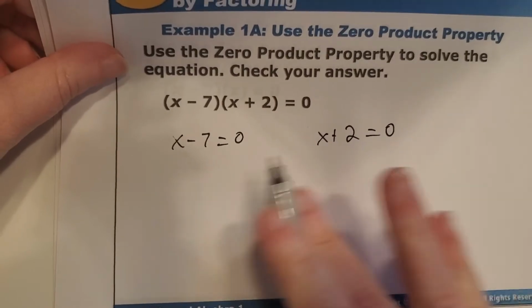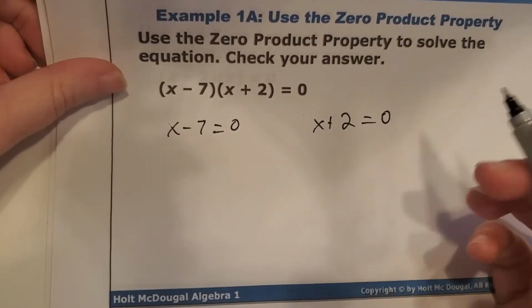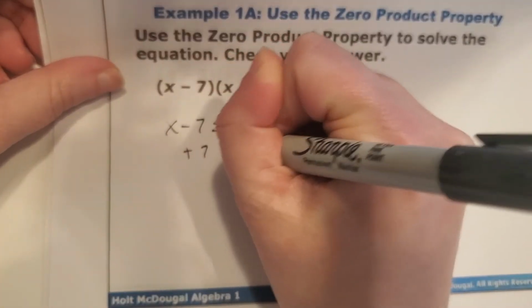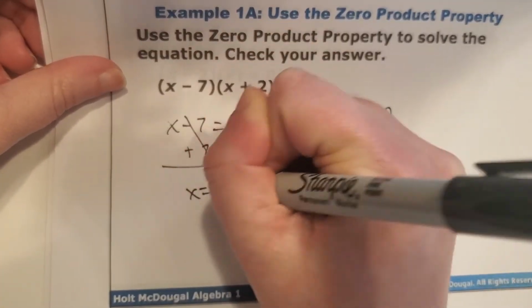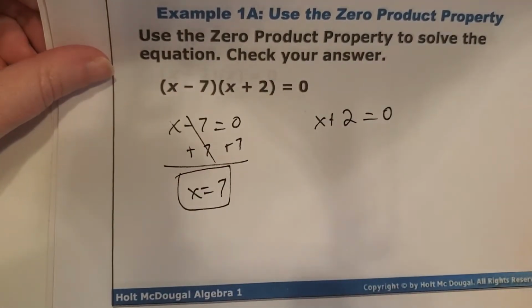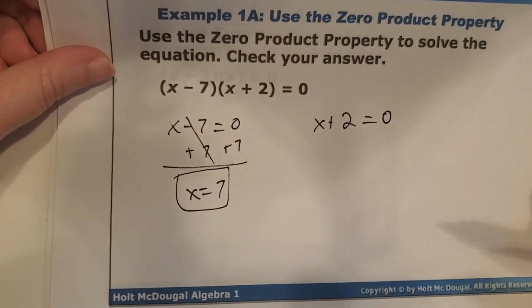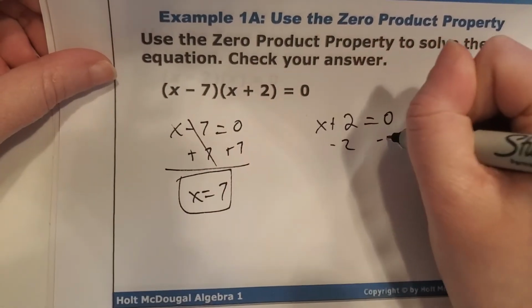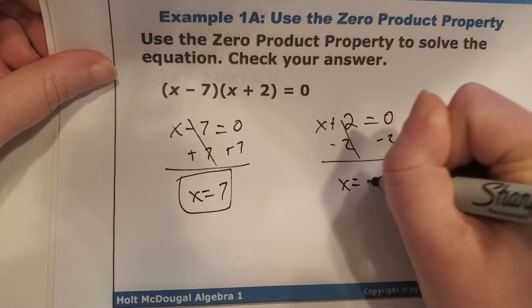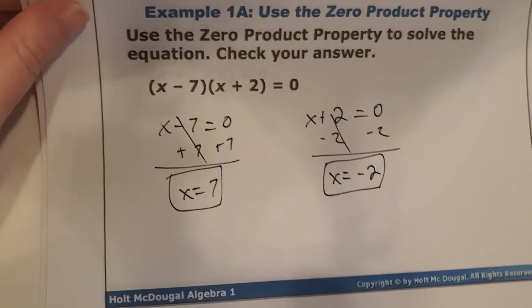And then we can solve both of those equations exactly the same way we have been doing since like September. Add 7 to both sides, so x equals 7. That's one solution to your giant thing in the beginning. Minus 2. The other solution is going to be x equals negative 2. Both of those are going to be solutions.